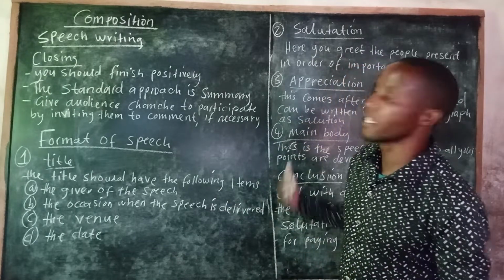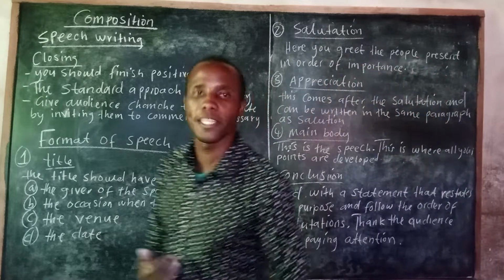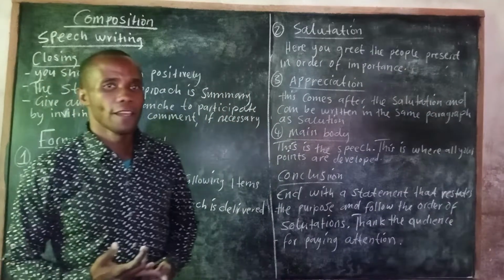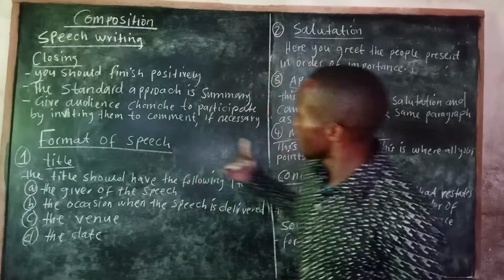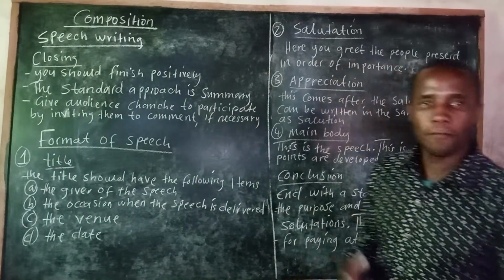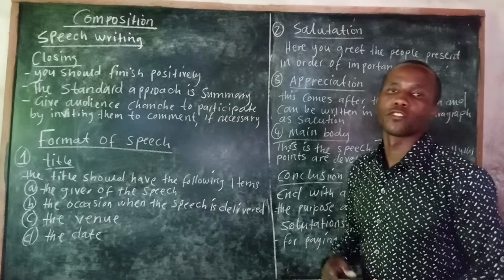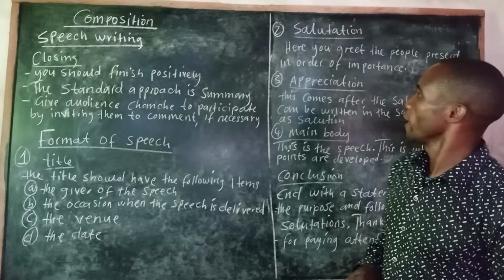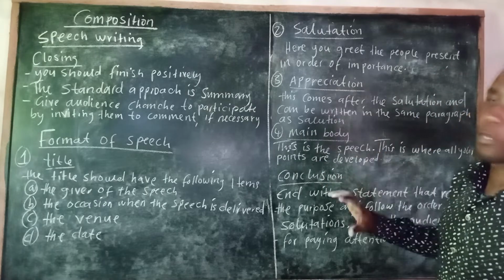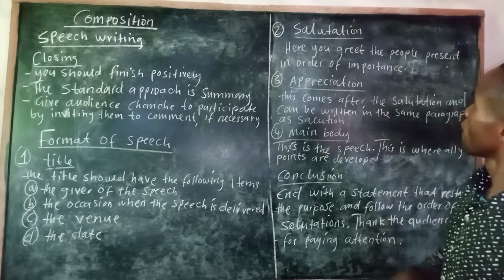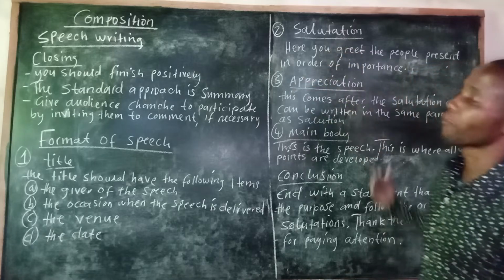If it is in a school, you start with the head, deputy, teachers, vice, head boy, prefects, and all the pupils present. Okay? These are some of the format steps that you are supposed to follow.